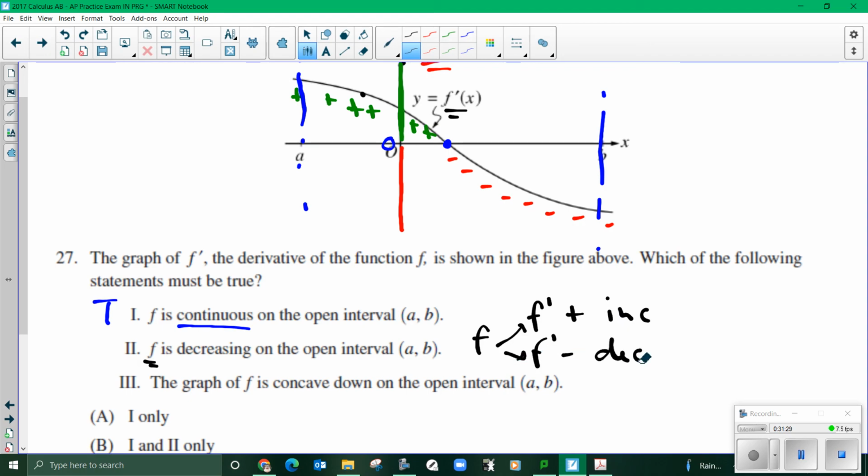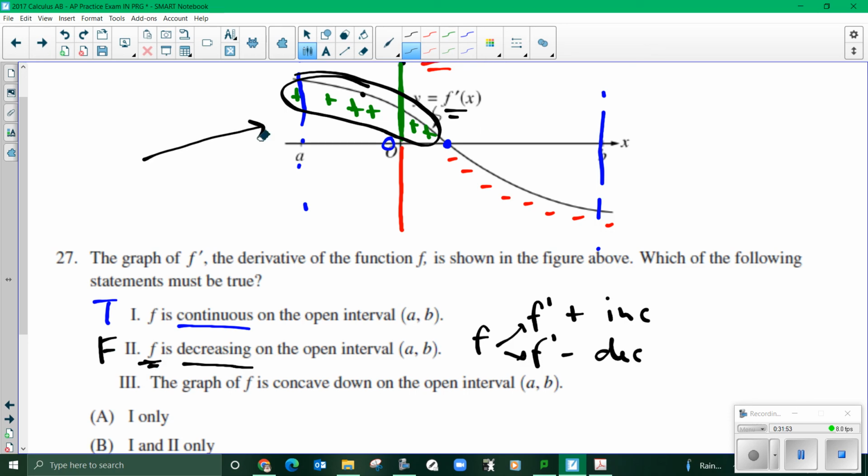This is saying it is decreasing through the whole interval. But the derivative is positive in here, so it's increasing. So it is not decreasing the whole way. We're referring to f, the original function. What we have here is the slope of f.